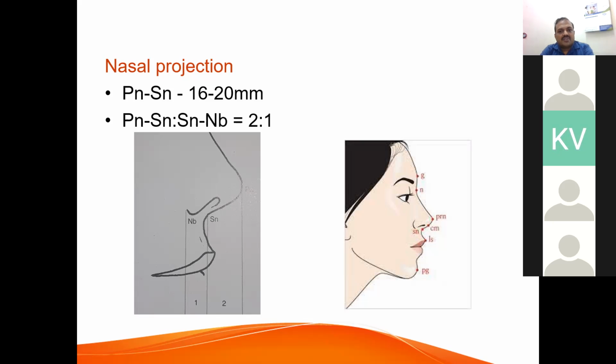Or if the patient has a short nose and you are planning a further advancement, that will further aggravate the problem. So when the patient has a class 3 and a short nose, you plan a mandibular setback rather than a maxillary advancement. The decision can be made based upon the nasal projection and the ratio of the nasal base to the subnasal and subnasal to the pronasal.